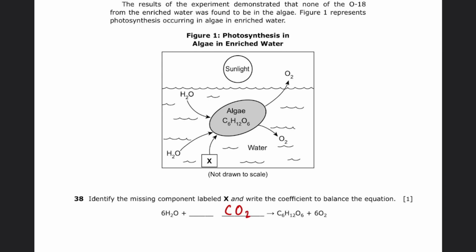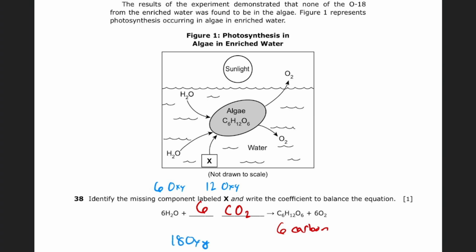From here, let's assume that we don't know how to balance. I noticed that I have 6 carbons on this side, which means that I also need to have 6 carbons on that side. We would then need to check that the oxygen adds up. So let's do that. Counting the oxygens in the H2O, here I have 6 oxygens, and then 6 times 2 in the CO2 would give me 12 oxygens, for a total of 18 oxygens on this side.